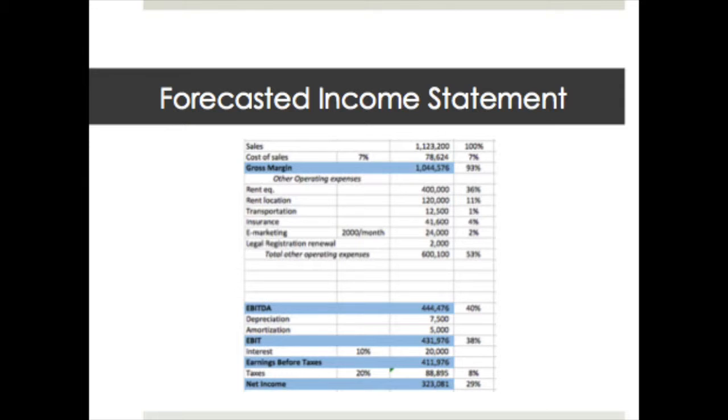We paid 2,000 per month for the e-marketing, and this summed up to 24,000 per year. Our total operating expenses is 600,000.